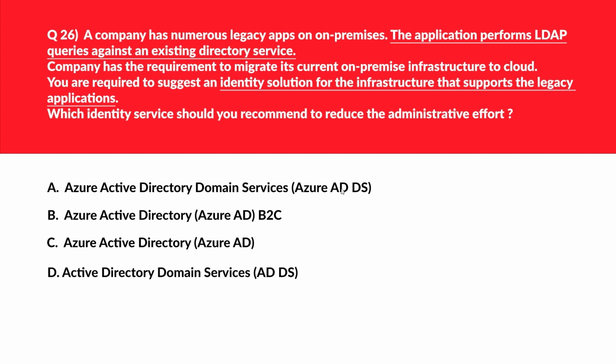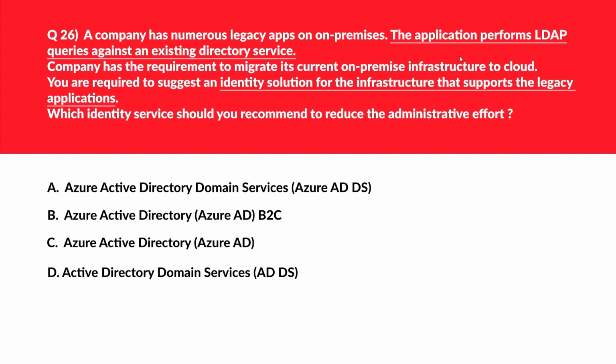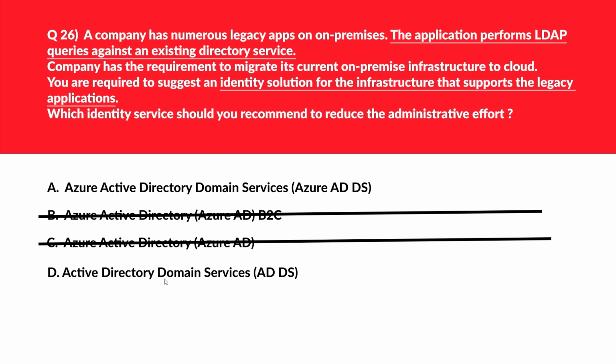We'll park this. Let's move to options B and C. B says Azure Active Directory B2C. C says Azure Active Directory. Azure Active Directory B2C and Azure AD do not provide support for legacy applications, which is what the question is looking for, that is, it relies on LDAP and Kerberos if we read the question carefully. Therefore, incorrect choice. We are left with option D now.